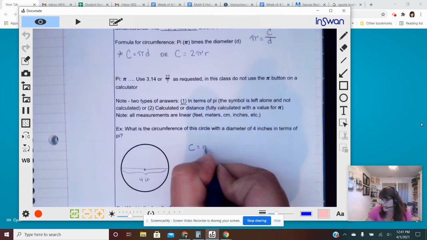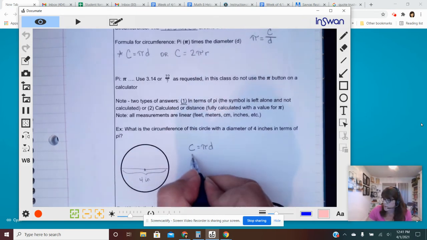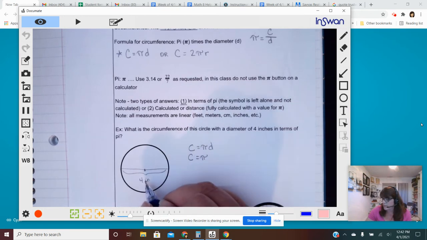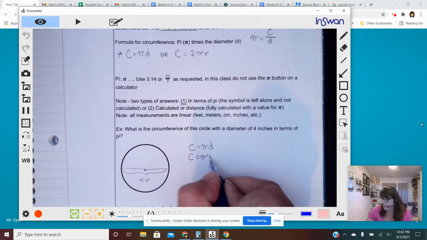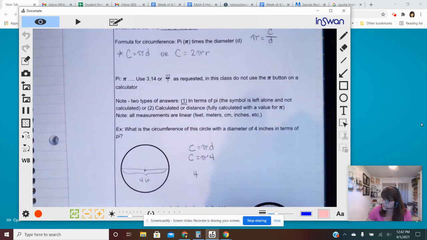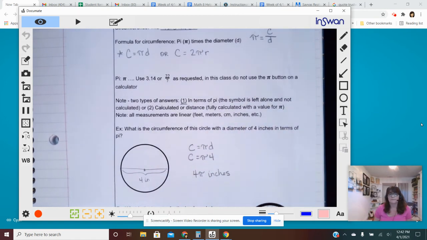Circumference is pi times diameter. Circumference, it said in terms of pi, so I'm not putting in a number value for pi. But I do know that the number value for diameter is 4. So it's 4 pi inches. That's my final answer. That's all I have to do.